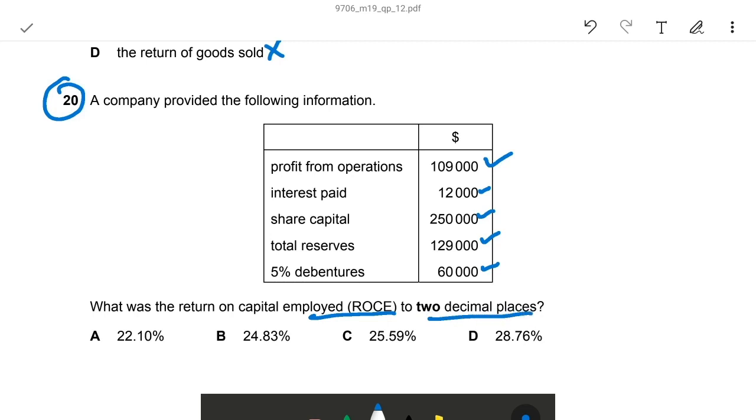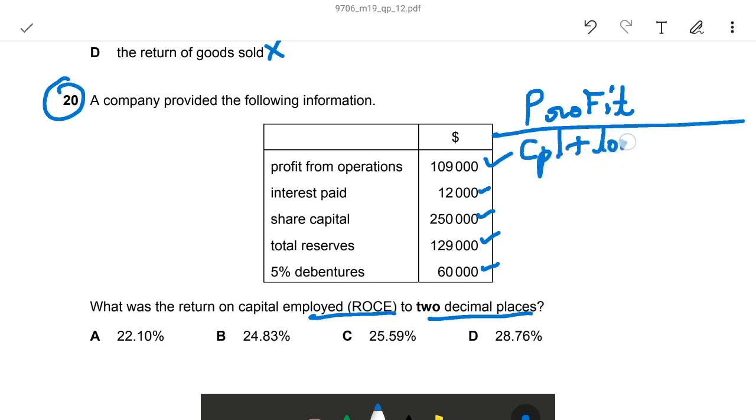So here the profit is given as 109,000. Share capital and debenture are also given. What is the equation for capital employed? Profit divided by capital plus long-term liability.